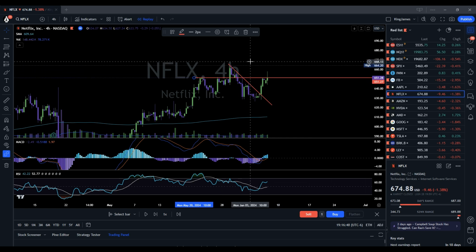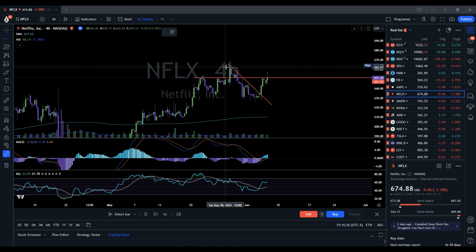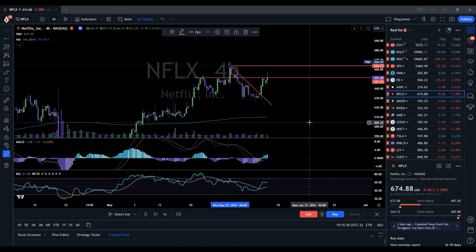But so now what we want to do, because usually what happens on a break of a trend line, we're going to go test the high, the very first candle that created the trend line.